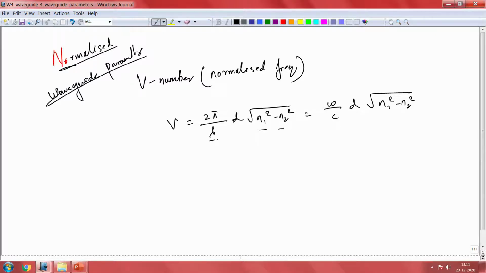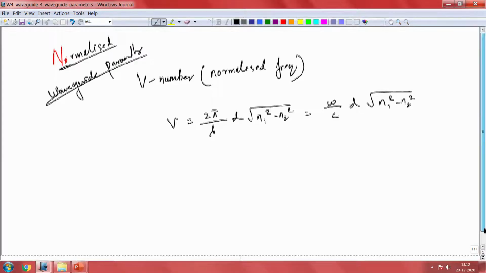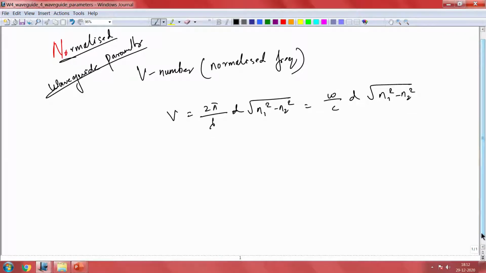So, you can quickly understand that this V number captures the optical property, the wavelength, and the geometric property, all into one number. It is very handy, and we can use this to understand whether we could propagate light or whether this particular medium is useful at all if we are going to design.